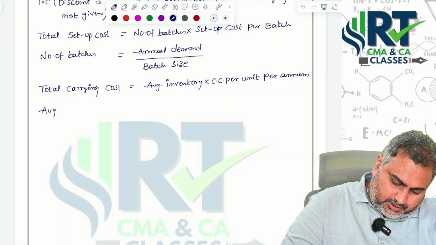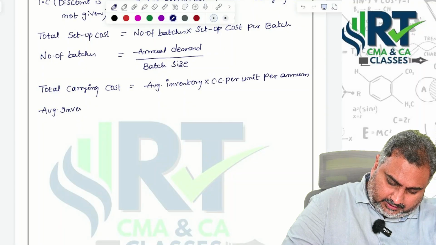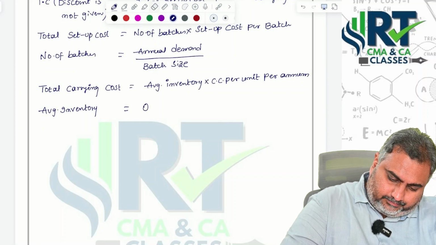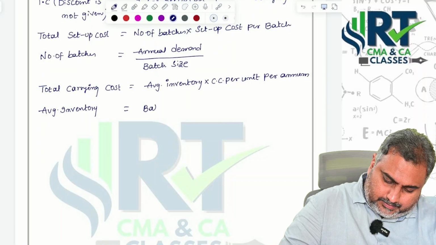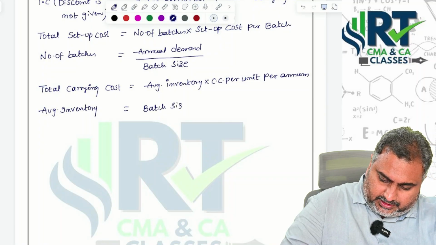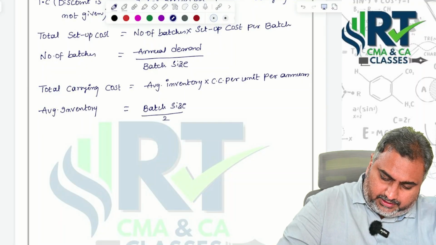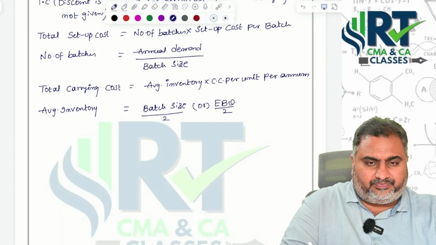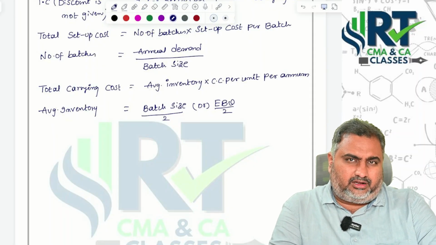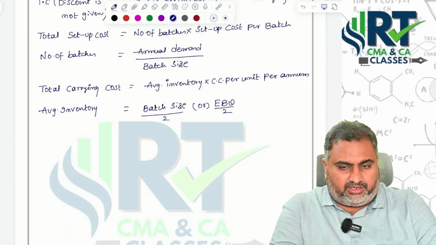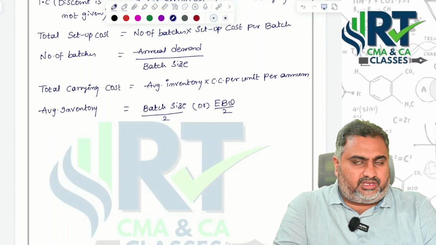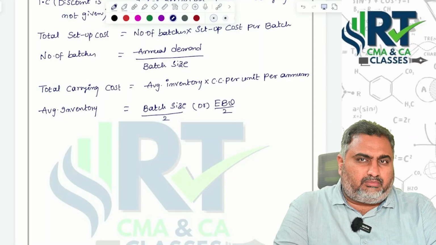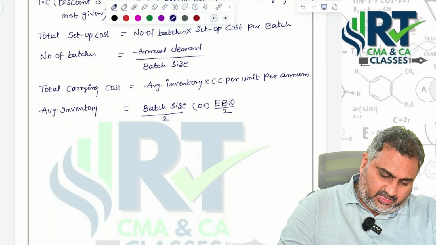How to find out average inventory means batch size divided by 2. Some people call it as EBQ divided by 2. But we don't calculate always our inventory cost only at EBQ only, Nana. Sometimes we may be calculated at some another situations also. That's the reason I am using the formula batch size divided by 2.